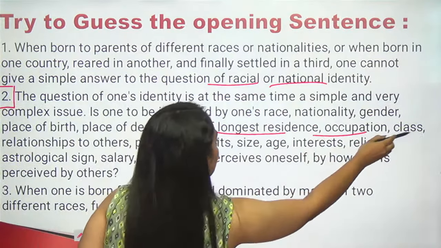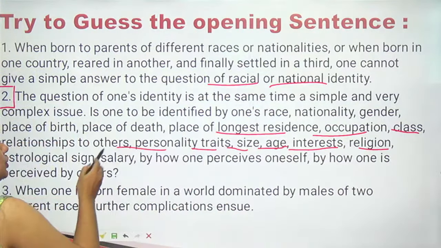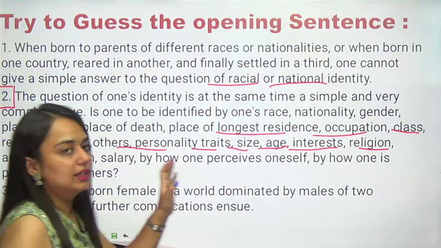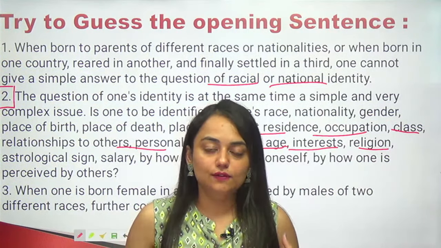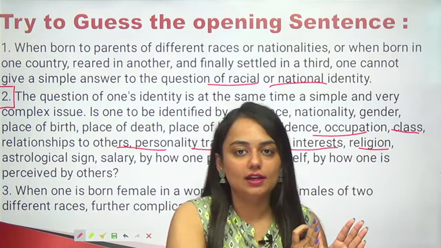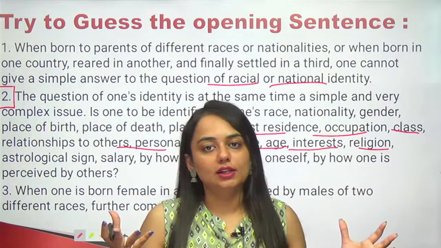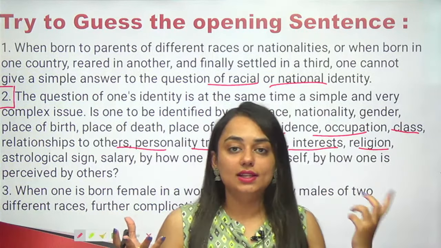It can be occupation, class, interest, religion, age, size, traits. So this is a general sentence which is first of all telling us different reasons why it becomes difficult for people to know their true identity, and then it moves to a specific idea. So from a generalized idea to a specific idea. That's how we guess the first and the second line.